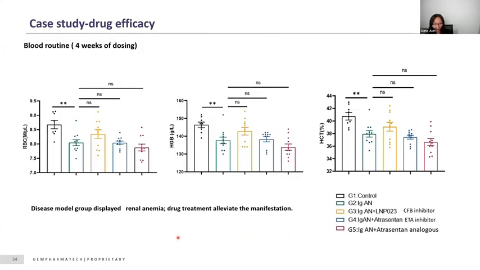The disease model group also displays the renal anemia, and the drug treatment could alleviate the manifestation.